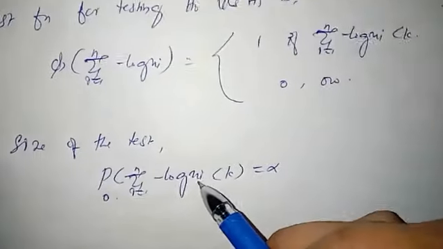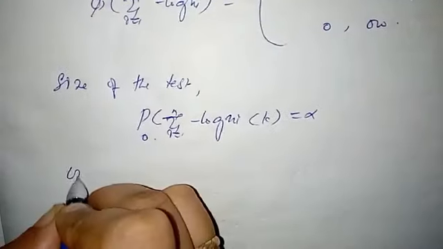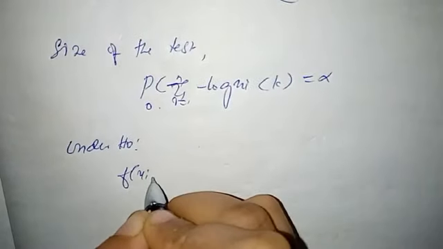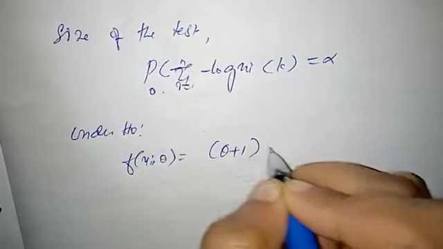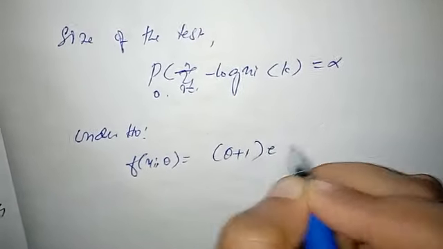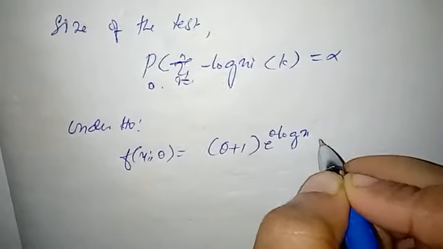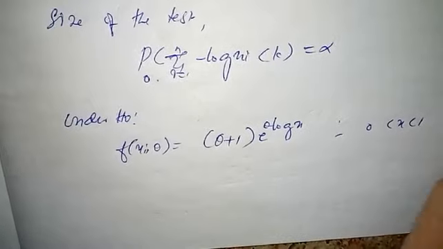Here we know xi follows the distribution with the density under H0, f(x; θ) equal to (θ + 1) e^(θ log x), 0 less than x less than 1, θ greater than −1.